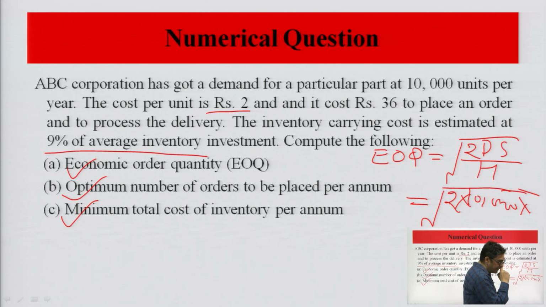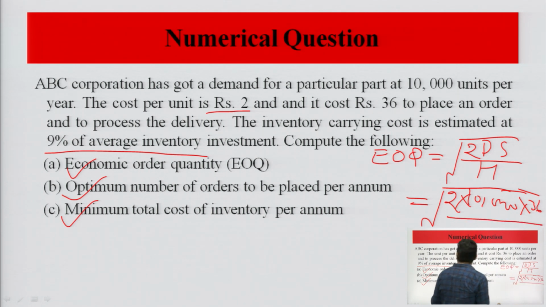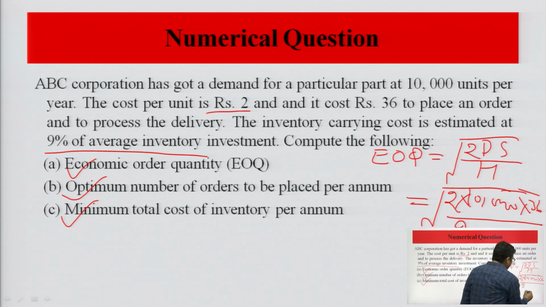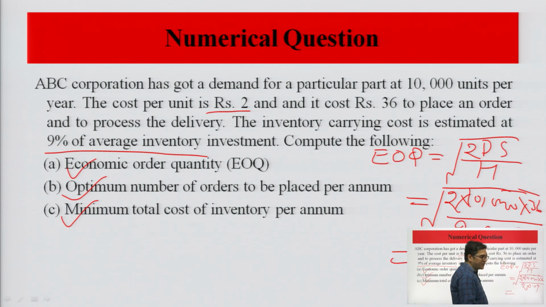The setup cost is 36. The holding cost is the cost per unit, 2 rupees, into 0.09. So, EOQ has come out to be 2000 units.